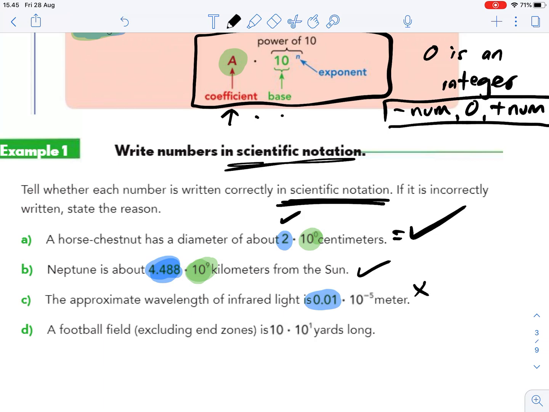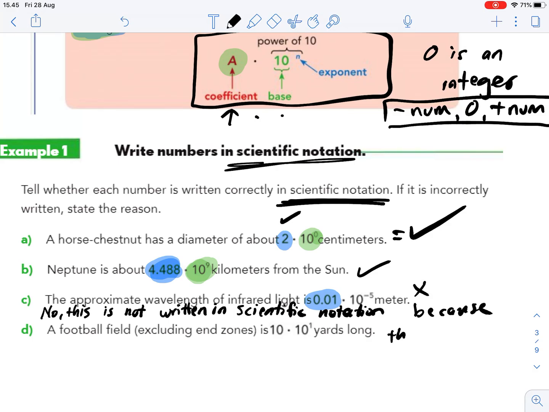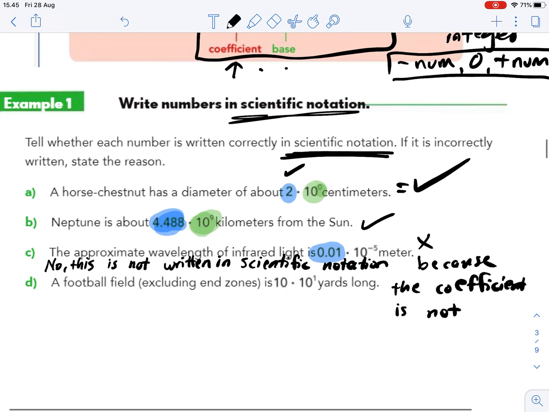So this is not written in scientific notation, because the coefficient is not between 1 and 10.